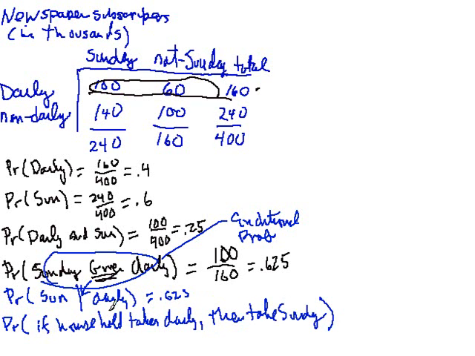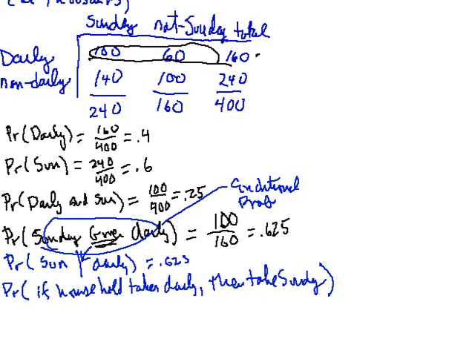Notice again, just as in the previous situation, there is an assumption or a restriction made on the event that we're looking for, namely that they take the Sunday. Namely, we're again restricting them to the daily subscribers.